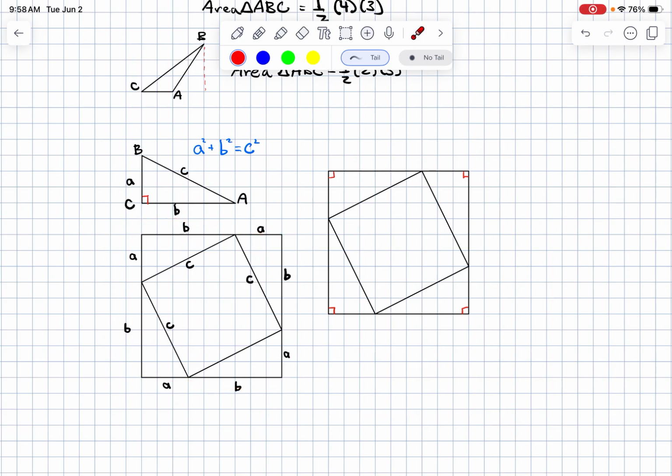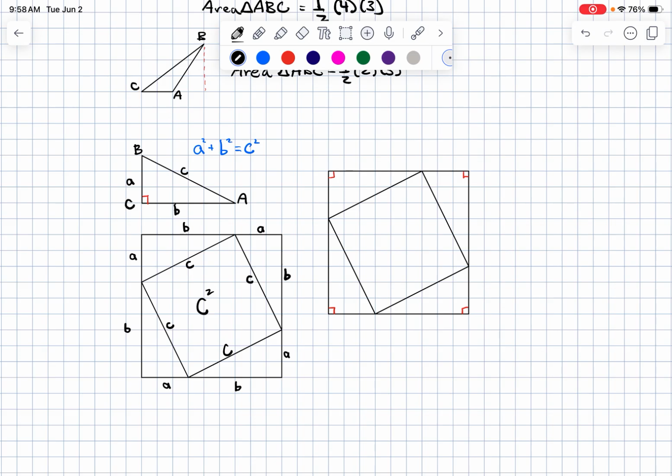Now, what I would like to do is calculate the area of this little square thing that I've got here. One way you could do it is to say, okay, I know that the area of this square inside is c squared.